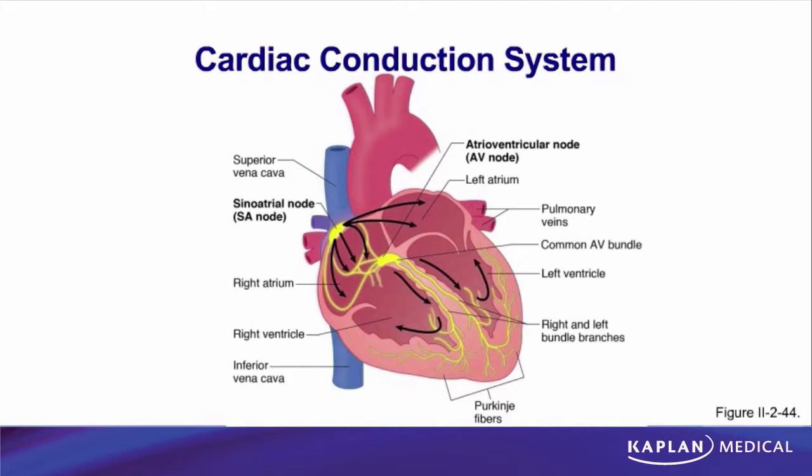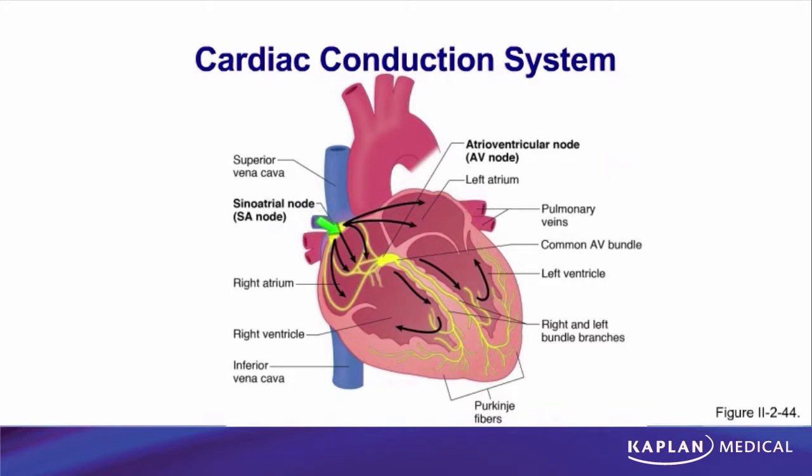So whatever is the fastest depolarizing cardiac muscle cell, we can call it the pacemaker cells, because it's going to set the pace for all of the other cells. Well, that describes the cardiac muscle cells that are found in the sinoatrial node.